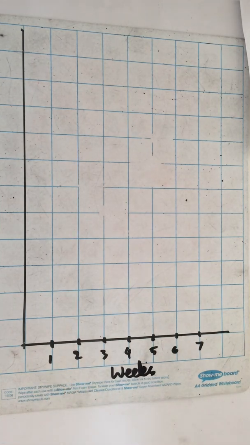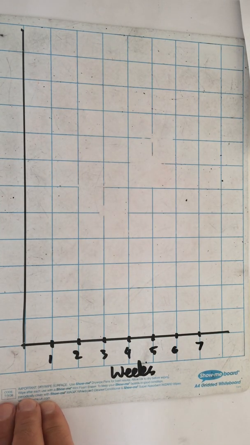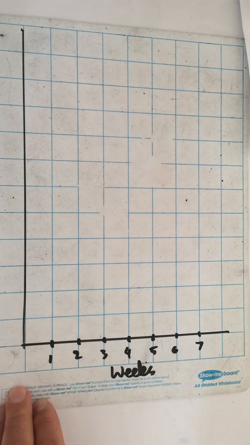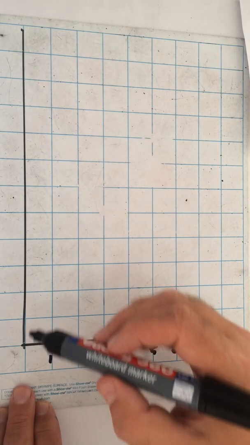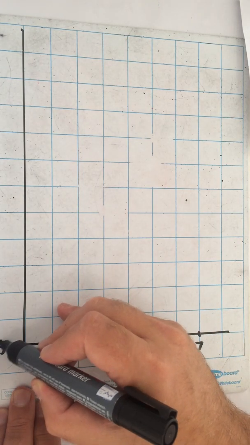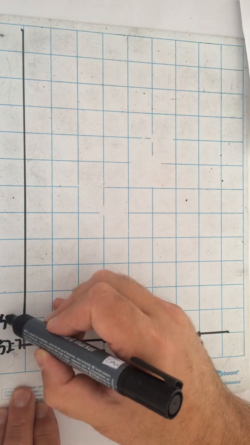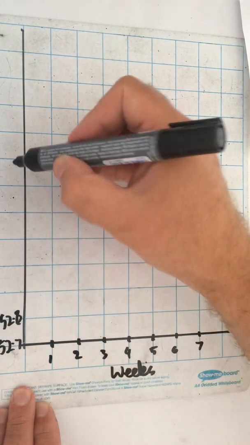If you get to the point where you're doing the graph on the extension sheet, then when you're doing your stuff up the side, find the smallest number you've got and put that in first. I think the smallest number here is 52.8. So I would just start here with 52.7 and then do 52.8 and work your way up like that.